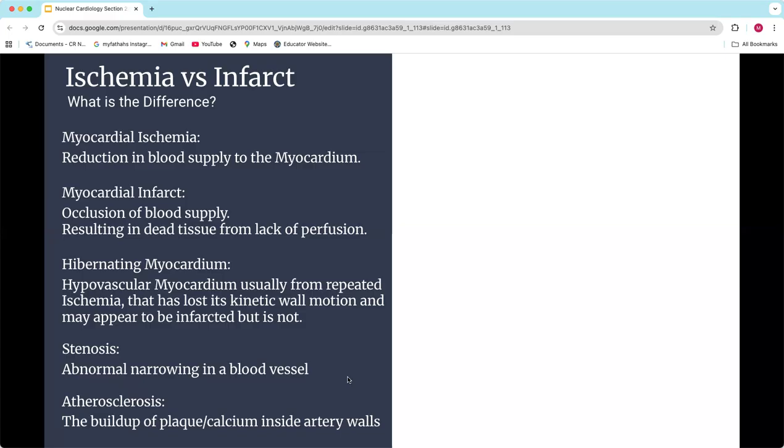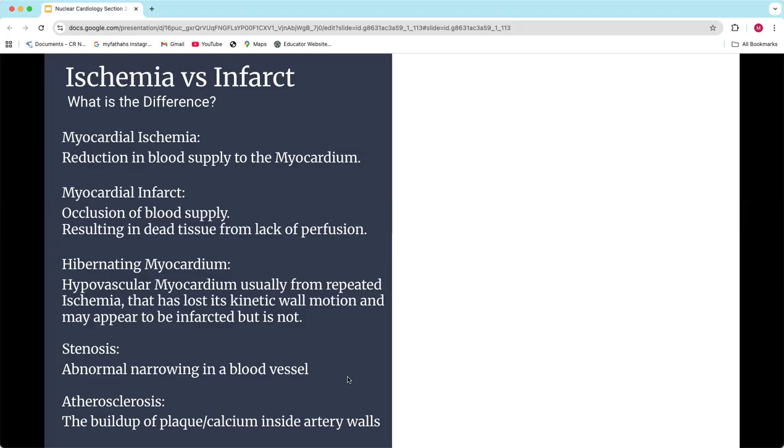That's a good question. I don't know the exact answer, but what I will tell you for us is your tissue can look infarcted because it will lose motion. Say someone comes into the ER with chest pain, they put them on EKG and see something that looks like infarct.